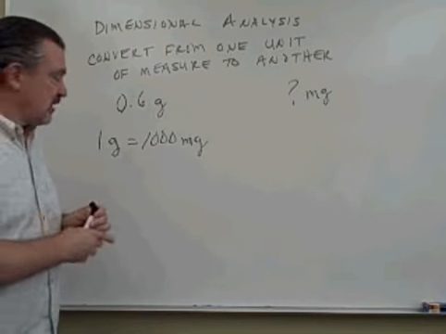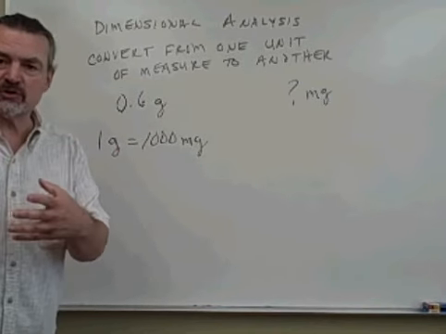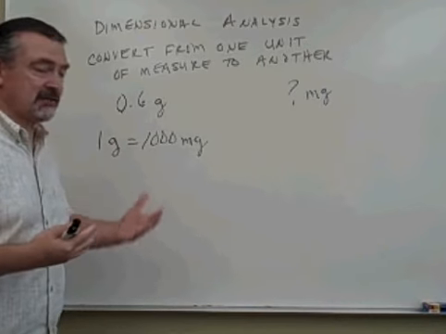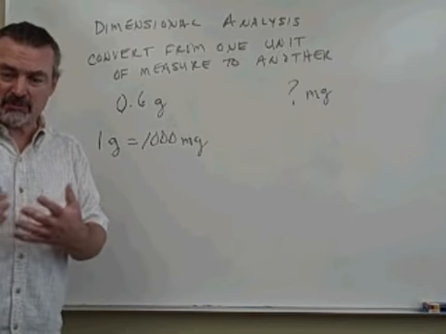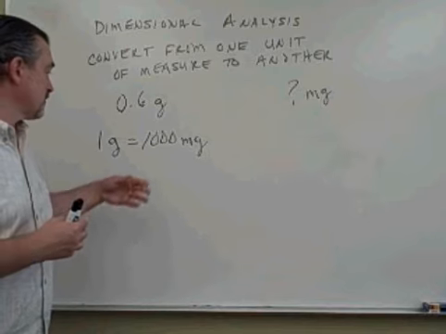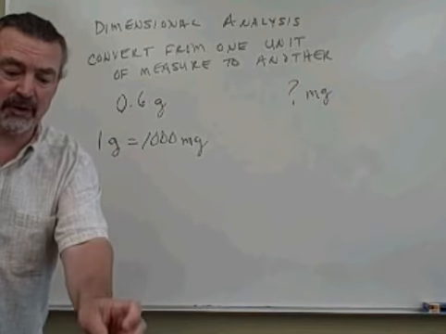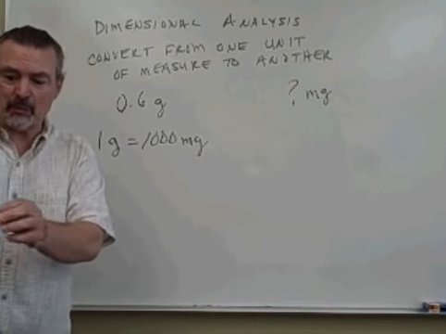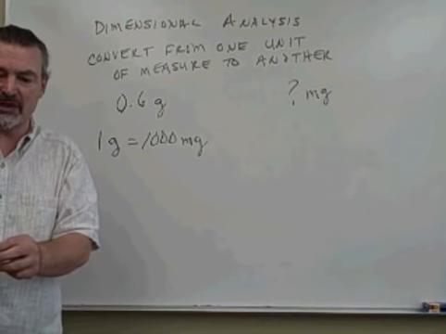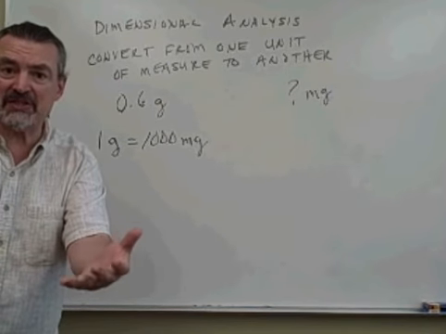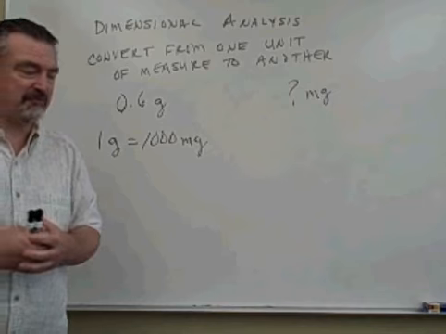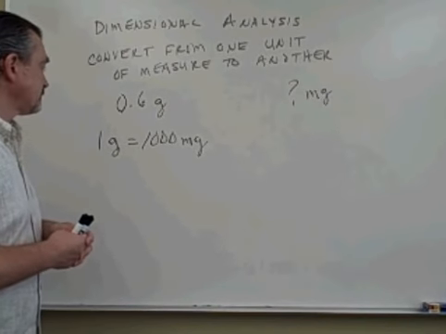Grams and milligrams are used to measure weight in the metric system. The metric system is one of our systems of measurement. So if we had 1 gram sitting on the table and we had 1,000 milligrams sitting on the table, it would physically be the same amount.